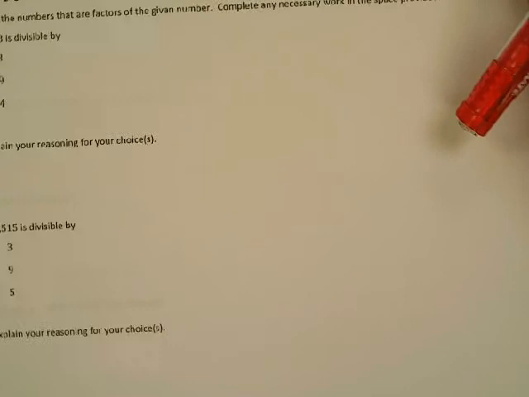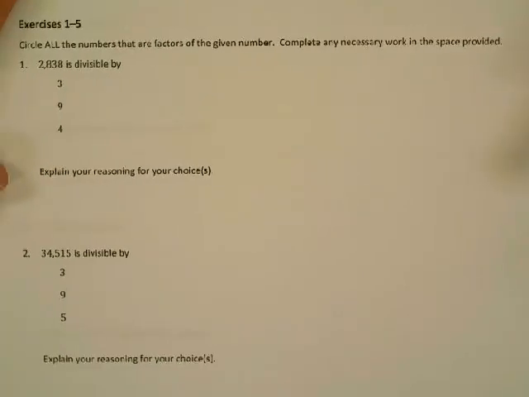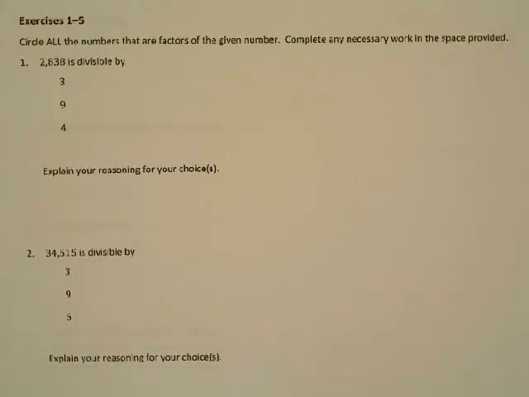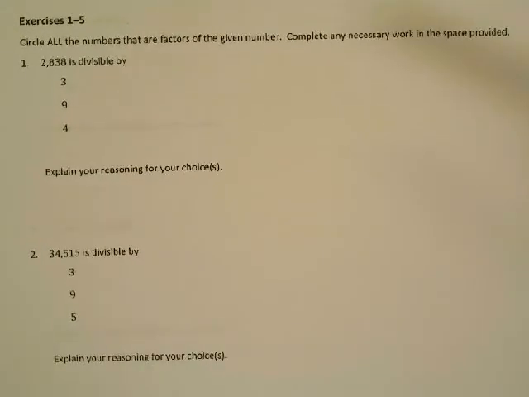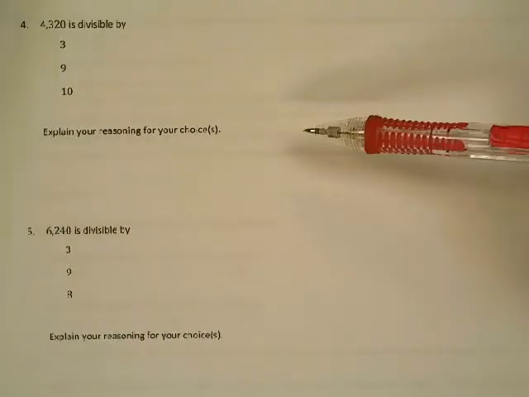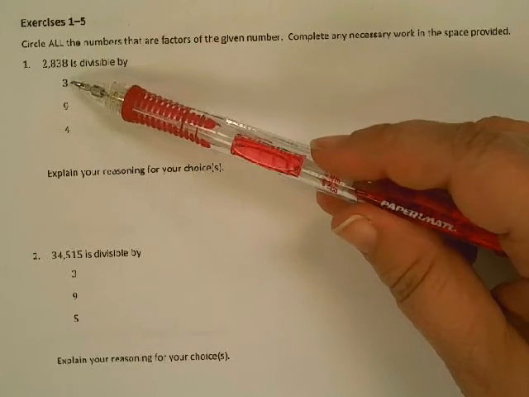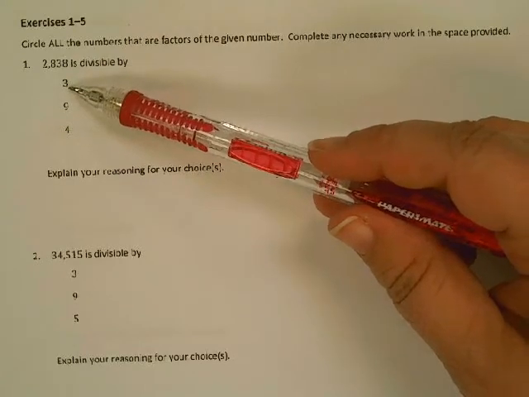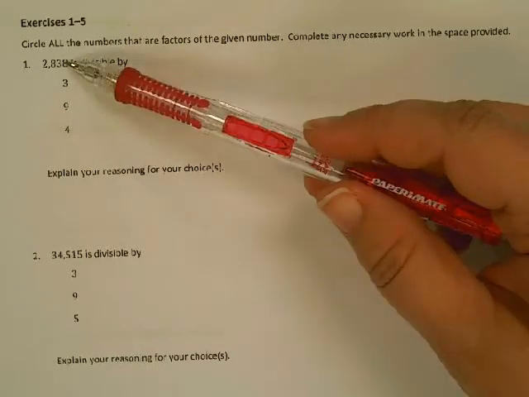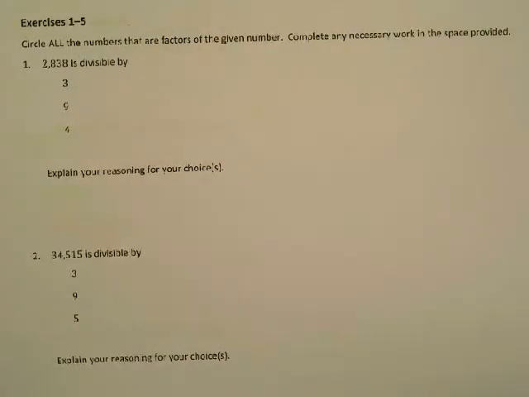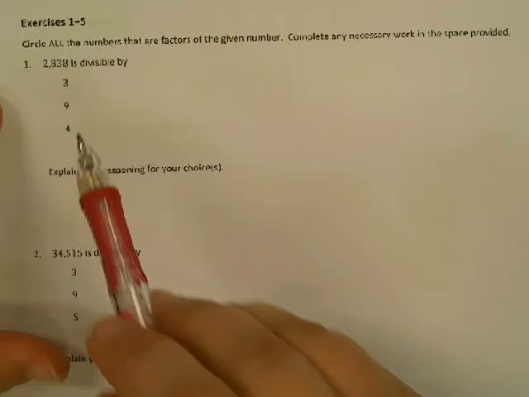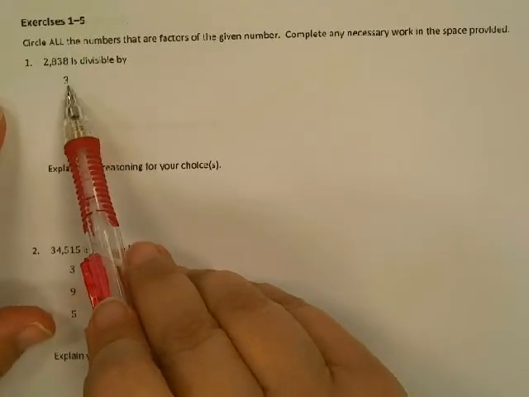You and your partner are now going to get together and you are going to do exercises 1 through 5. It continues on to the next page. And what you're going to do is check the divisibility rules for 3, 9, and 4 against that number, 2,838. So you want to know, is this number divisible by 3?